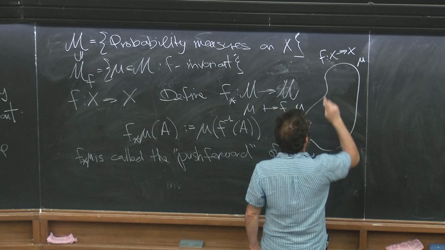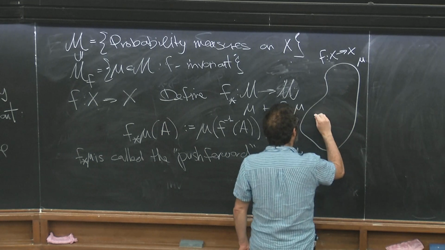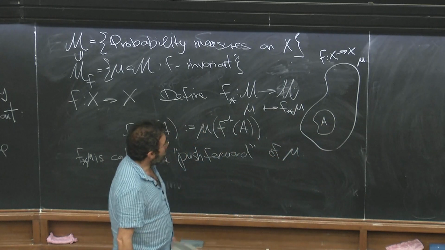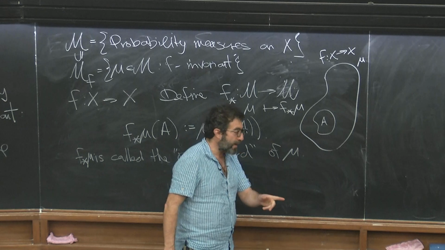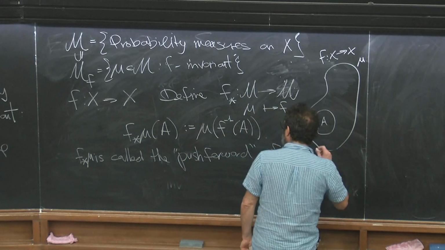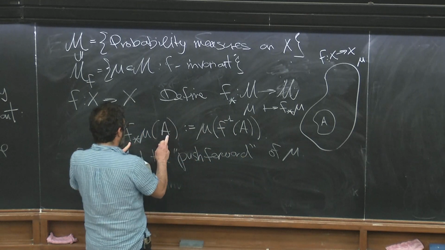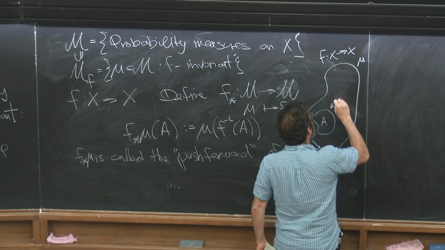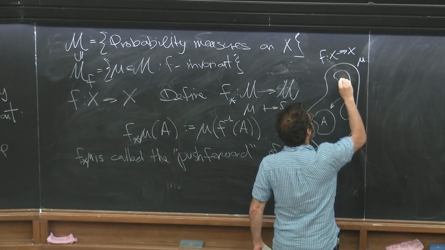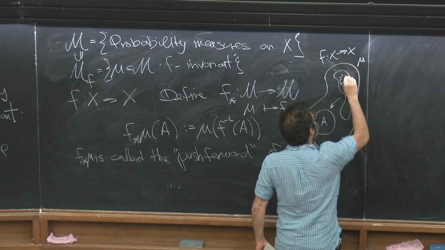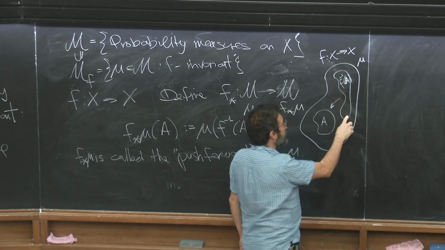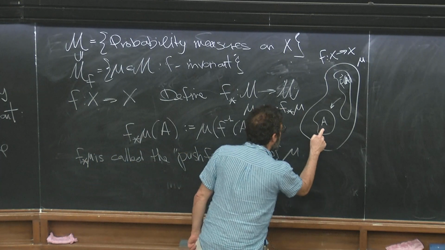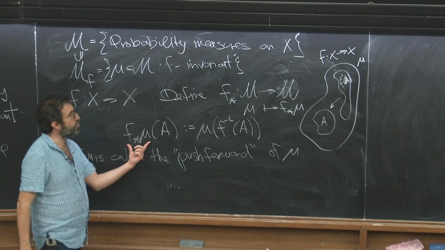We're just defining, using this map, a new measure. We take a set A. We know the mu measure of the set A, but we don't care about that. We want to define the measure of A under this new measure. What I do is look at the pre-image of A under F, and I look at the measure mu of this pre-image, and I define that value to be the measure of the set A for this new measure.